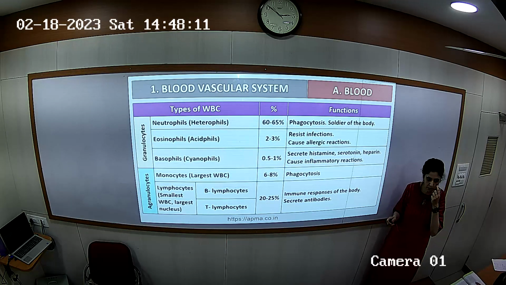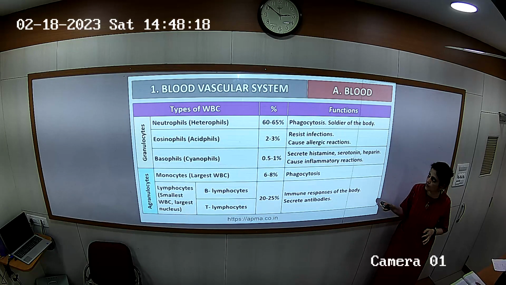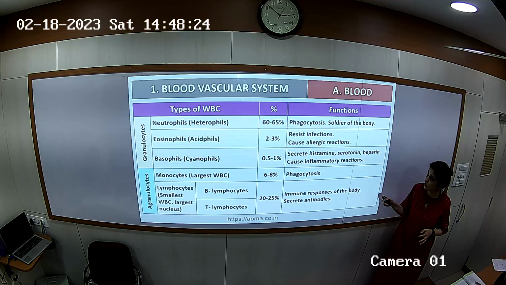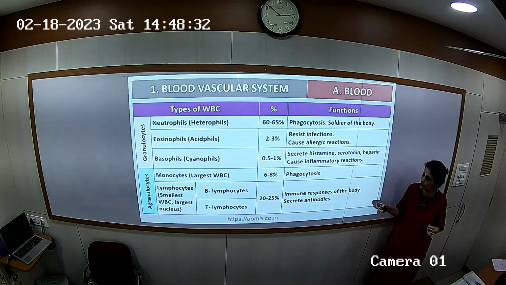You get the pimple-like thing and then you get a redness patch around it. That is inflammation. So all of them in some way or the other participate in inflammatory reactions. But basophils secrete histamine, serotonin, heparin. These are the chemicals which are mediators of inflammation. So basophils play a role in inflammatory reaction.